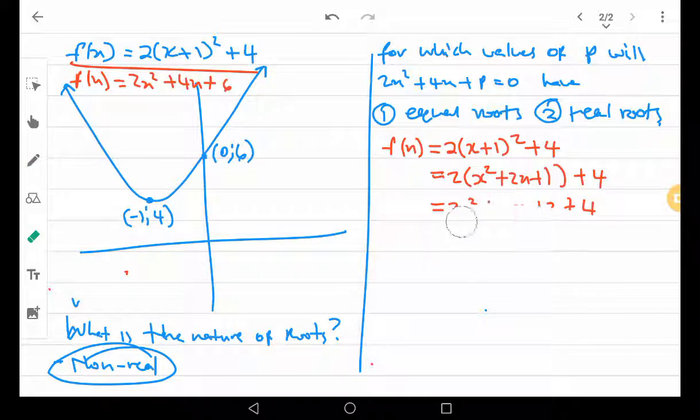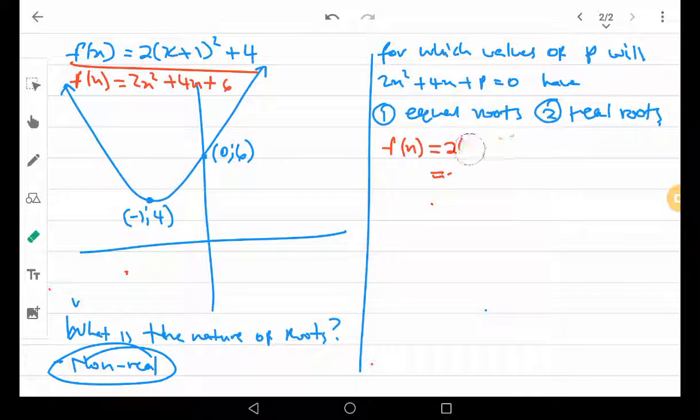Okay, now we can interpret the graph. What are we given?